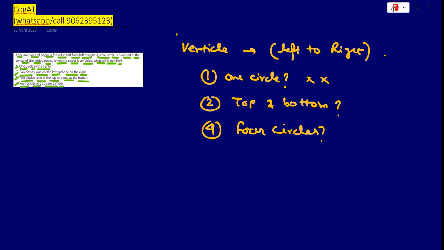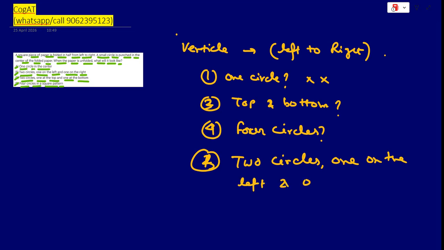So the answer is option number 2, that is option B. That is two circles, one on the left and one on the right.